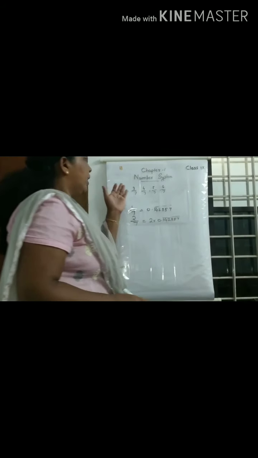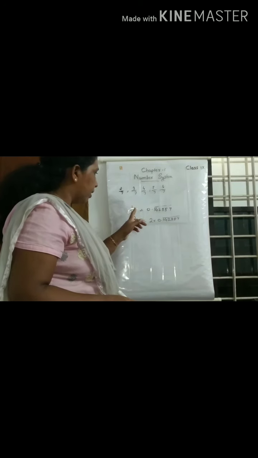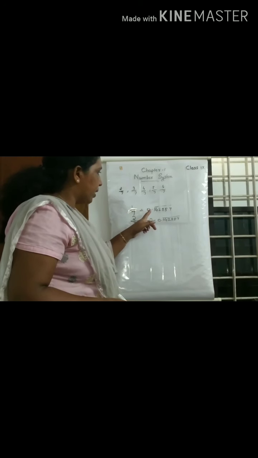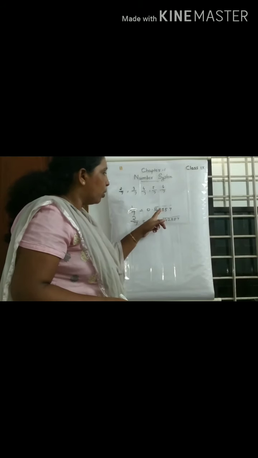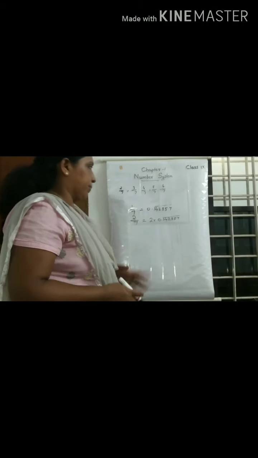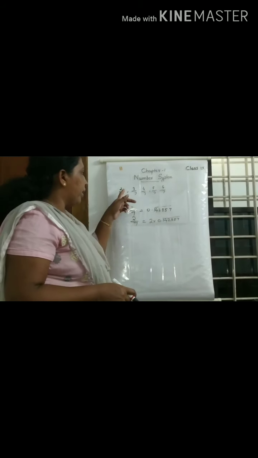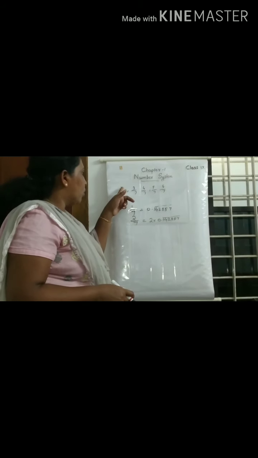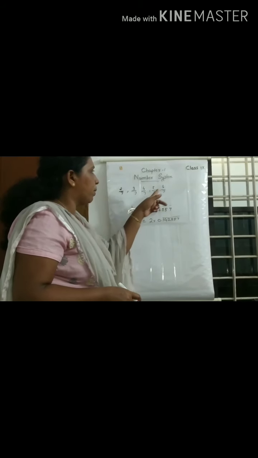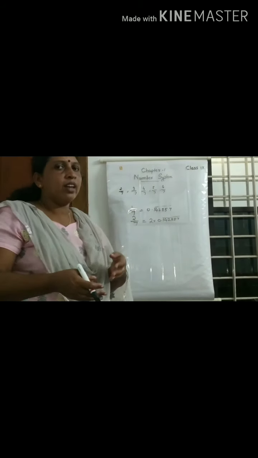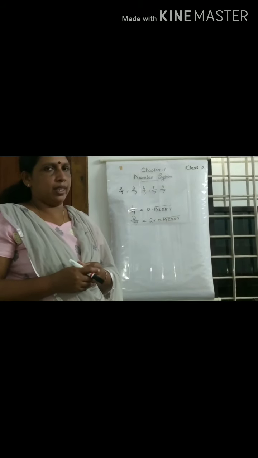See, the previous question we have already done. 1/7 is equal to 0.142857. Then we have to find 2/7, 3/7, 4/7, 5/7, 6/7 without the long division method.